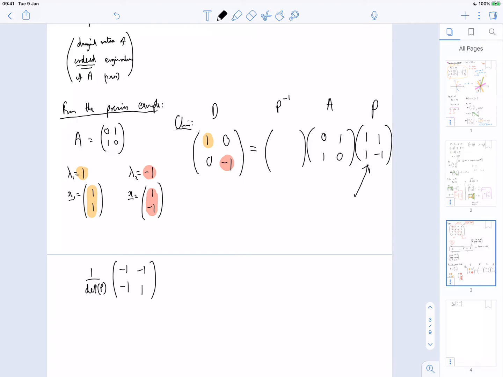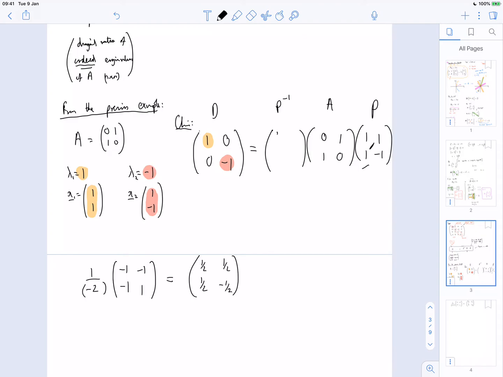Now the determinant of the original thing is 1 times minus 1, which is minus 1, minus the other product, so 1 times 1 is 1, so minus 1 minus 1 is clearly minus 2. So it's going to be 1 over minus 2 times this thing, so I multiply everything in there by minus 1 over 2, so that'll become positive a half, positive a half, positive a half, minus 1 half.